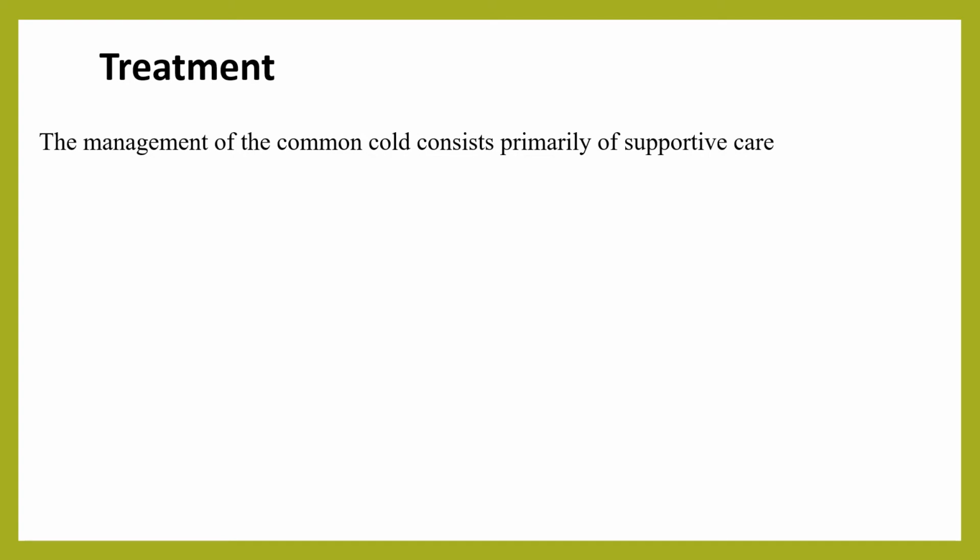When we look at the treatment of a common cold, management consists primarily of supportive care and anticipatory guidance, not antiviral treatment. There is no specific antiviral therapy for human rhinovirus infection, and ribavirin, which is approved for treatment of severe RSV infection, has no role in the treatment of the common cold.